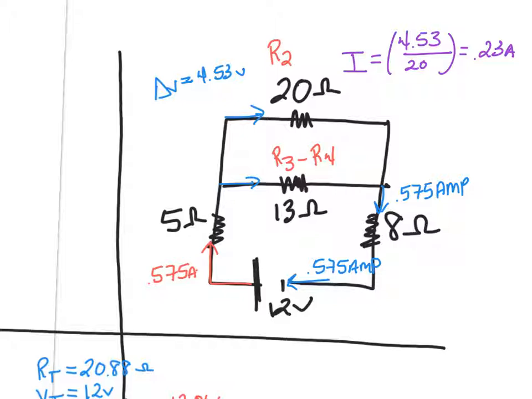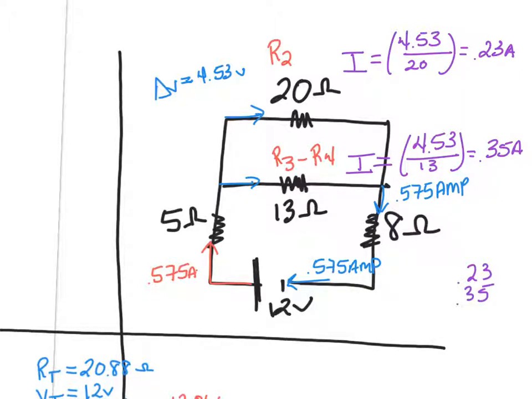To figure out how much current is traveling through resistors 3 through 4, a similar procedure. We can make sure we did right by adding up those two current values. If they equal our cumulative current, 0.575, which we solved for earlier, we know we did good.